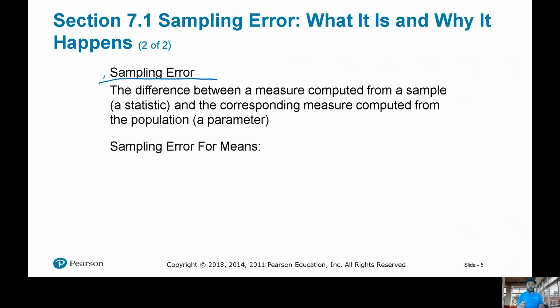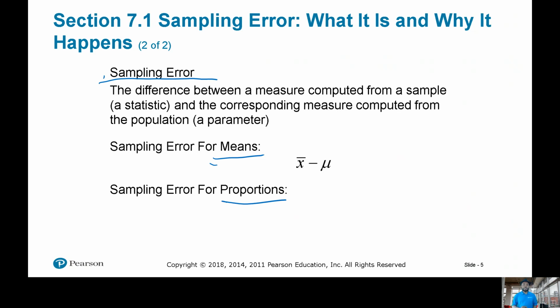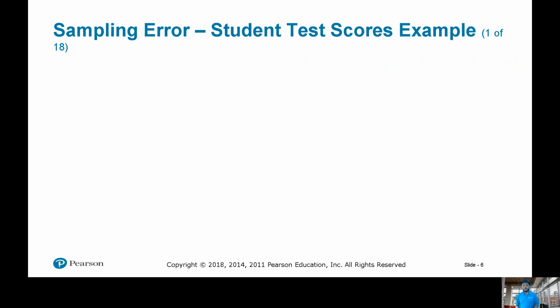We will only focus on two statistics in this chapter: the sampling error for means and also the sampling error for proportions. The sampling error for means is basically this difference, and for proportion, it's similar. It's going to be the sample proportion minus the population proportion. All right, cool.